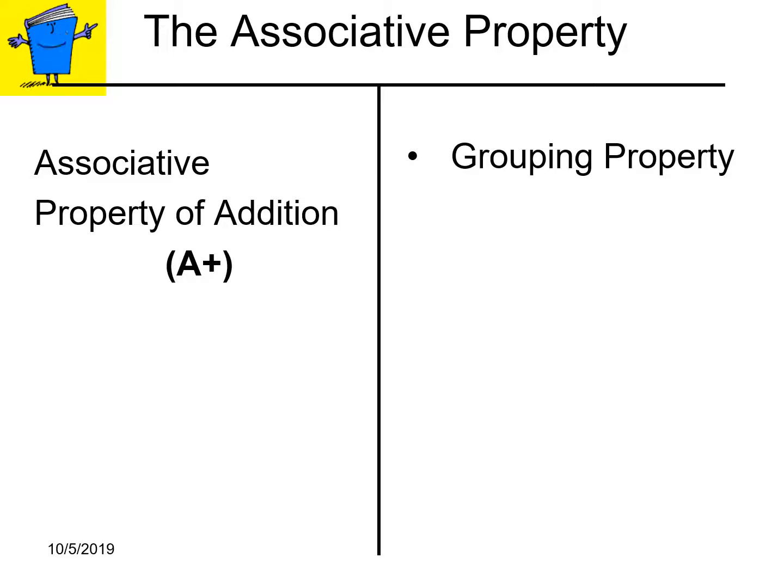So the associative property of addition is a grouping property, and what it says is that if you have 3 or more numbers and the only operation between those numbers is addition, that if you group them together and follow the order of operations, you'll get the same answer or the same sum regardless of how they are grouped.